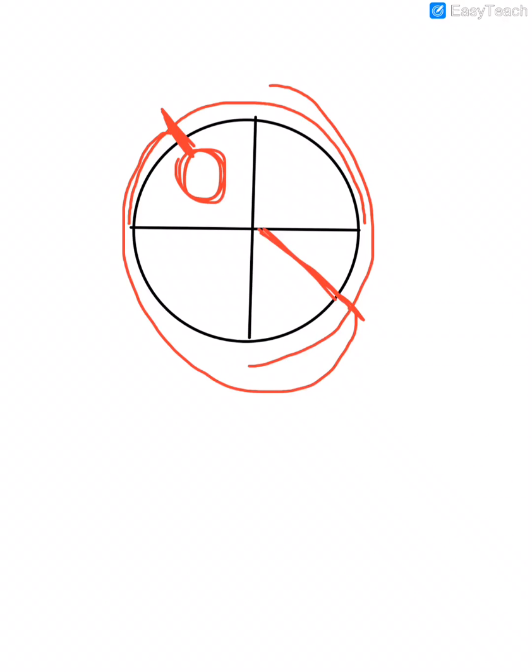So you just need to remember that anytime we have cotangent inverse of x, that would be tangent inverse of 1 over x.